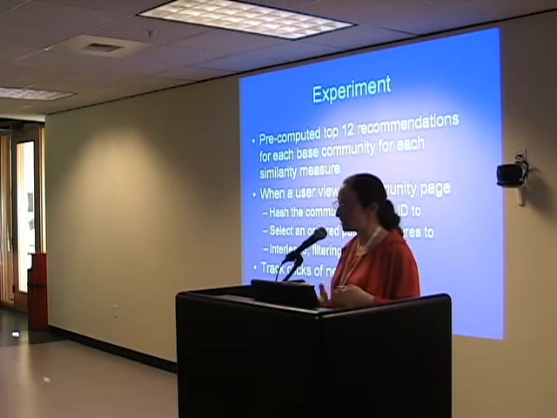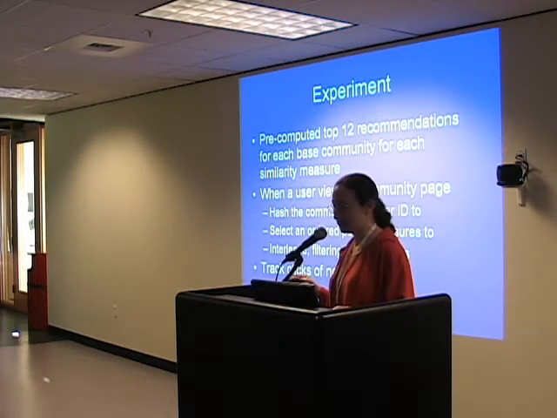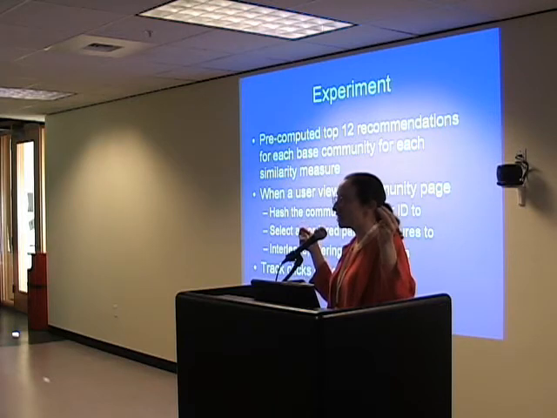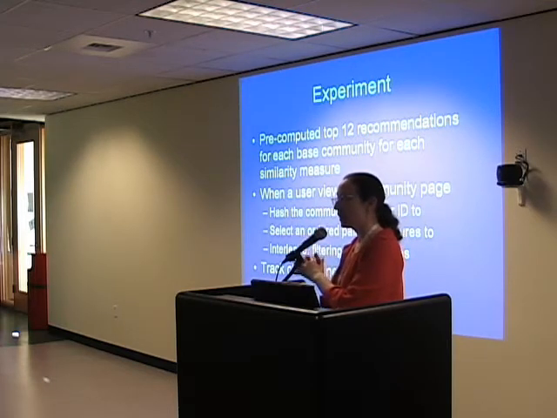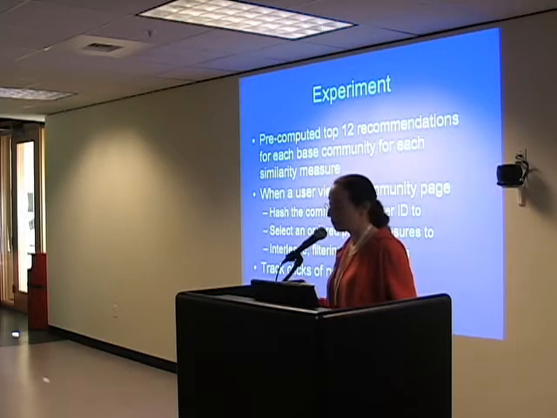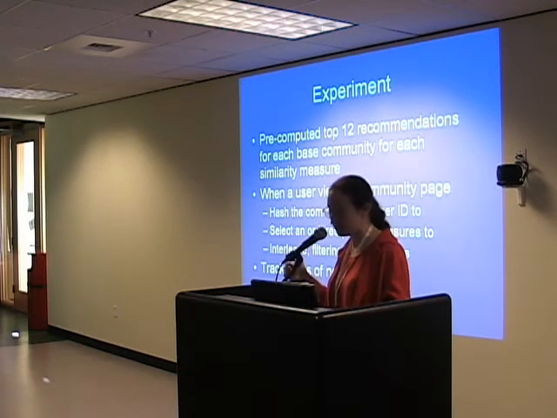And then we set up an experiment, the exact details are in the paper, so that when a user views a community page, we do a hash on the community ID and the user ID, and select a pair of measures, maybe L1 and log odds to compare, and we interleave those, and then we track what the person clicks on. And we only looked at new users because we had other recommendations in the past, and we didn't want those to influence it.